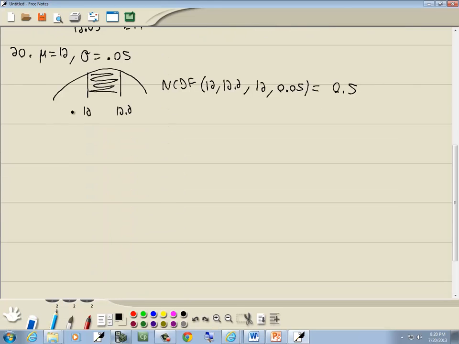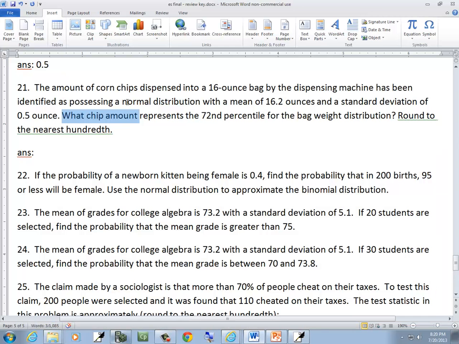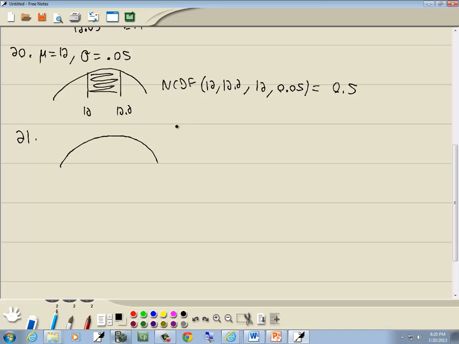So for 21, it says it represents a 72nd percentile. So this is what we're trying to find. And percentile refers to the area to the left. So they're telling us 72nd percentile, and we're going to put 0.72 here.